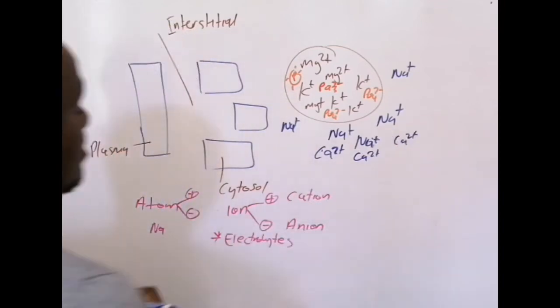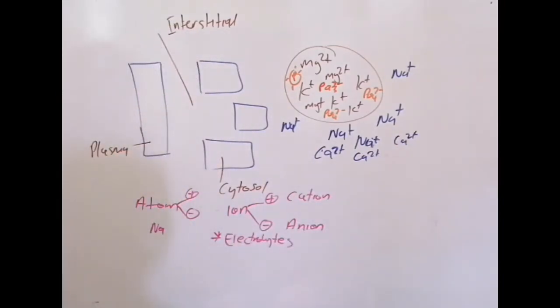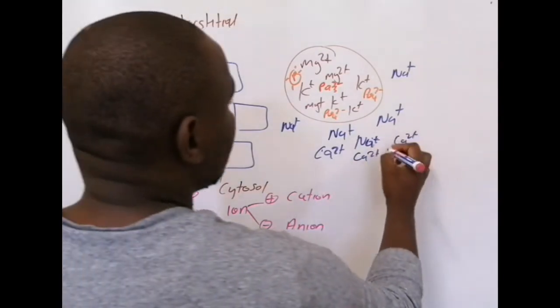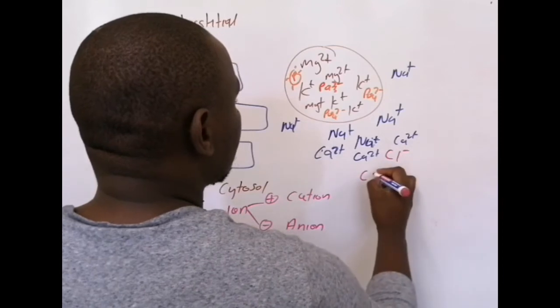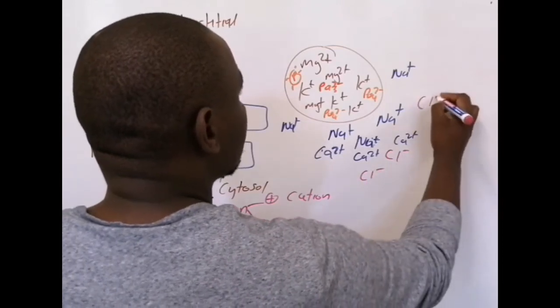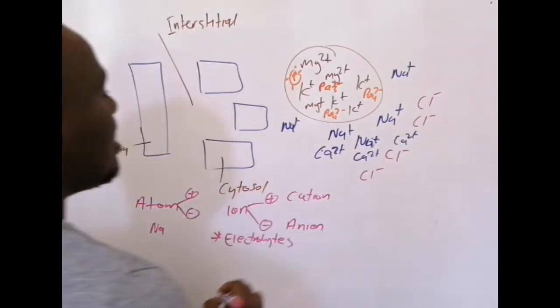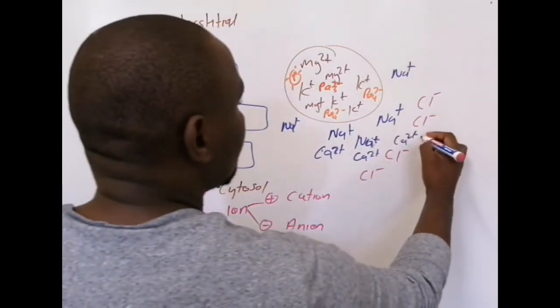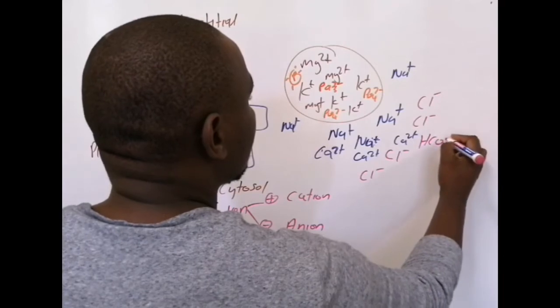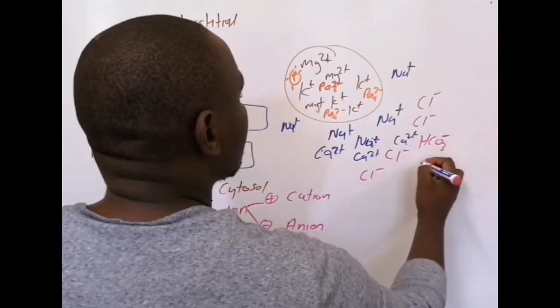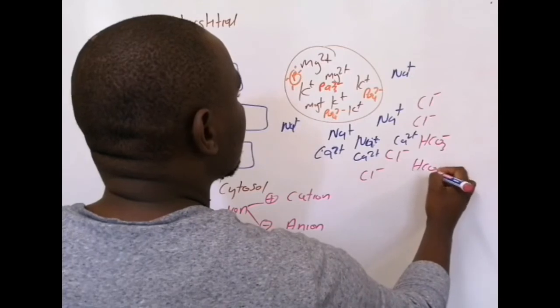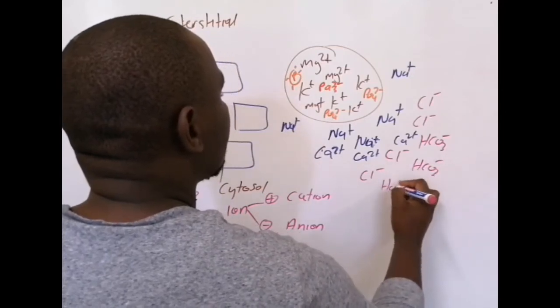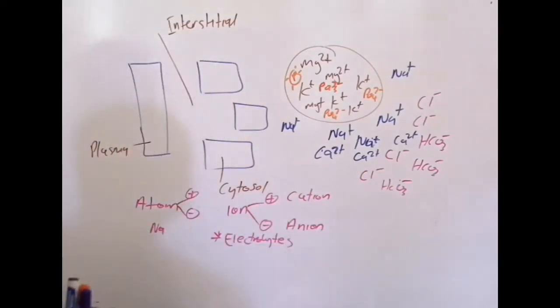These are very important, guys. These are very, very important. And then when it comes to extracellular anions, the most abundant is your chloride ions. Second most abundant is your bicarb, right?